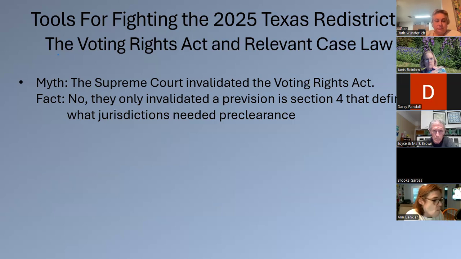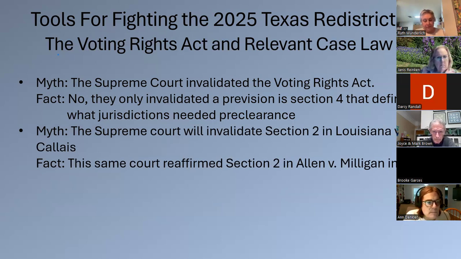The Supreme Court said the problem with that part of Section 4 is it was based on 40-year-old data and antiquated, and because of that, it couldn't be enforced anymore. So that small area in Section 4 was pulled out. It can be put back in if Congress comes up with a different metric.